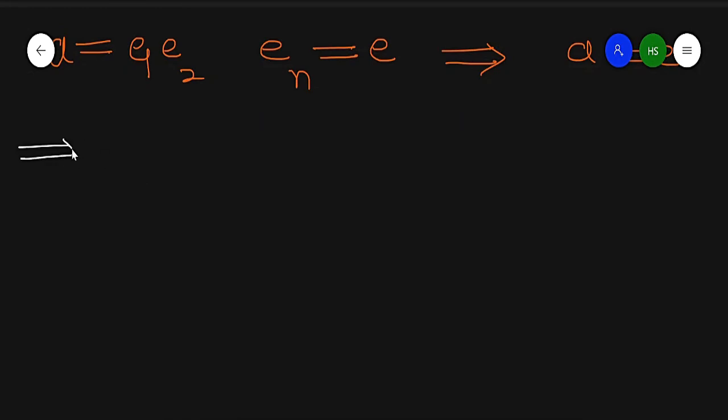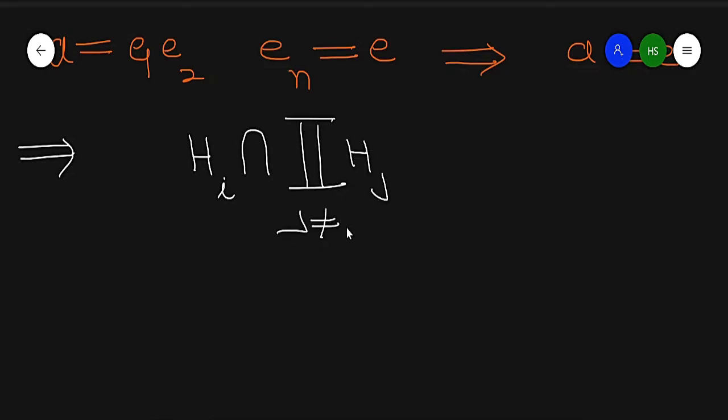So we get Hi intersection this product, the product of Hj, j not equal to i, consisting only of the identity element. So this proves the second part, the B part: if G is an internal direct product, then Hi intersection this product is equal to identity.